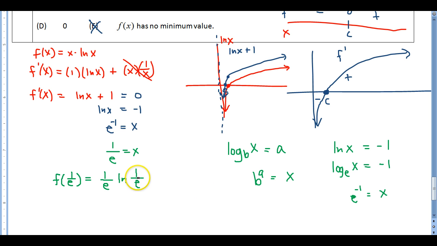Now there's a few ways to write this. I know that ln of 1 over e is the same thing as ln of e to the -1. So maybe I should have just kept it like this. But the -1 can be brought to the front, and so this would become -1 over e times ln of e.